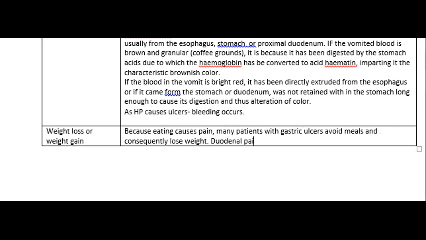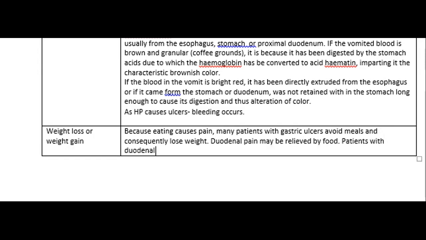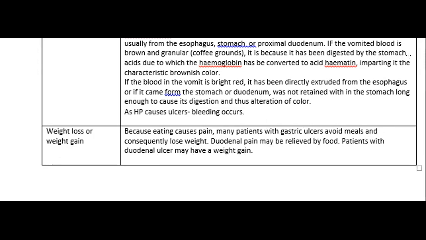The duodenal pain may be relieved by food, and so patients with duodenal ulcer may have a weight gain. The mechanism by which duodenal pain is decreased is not clearly understood.